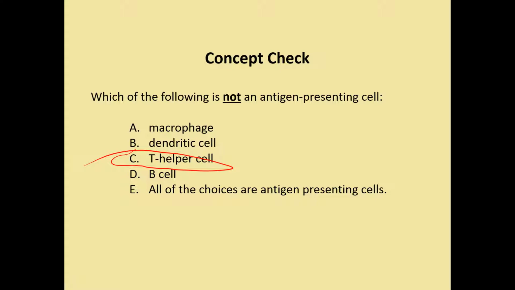Your T helper cell responds to antigens that are presented by the cells that are displaying antigens on their surface through MHC molecules. Alright, the T helper cells, your T cells, don't process antigens themselves. Alright, they respond to antigens.